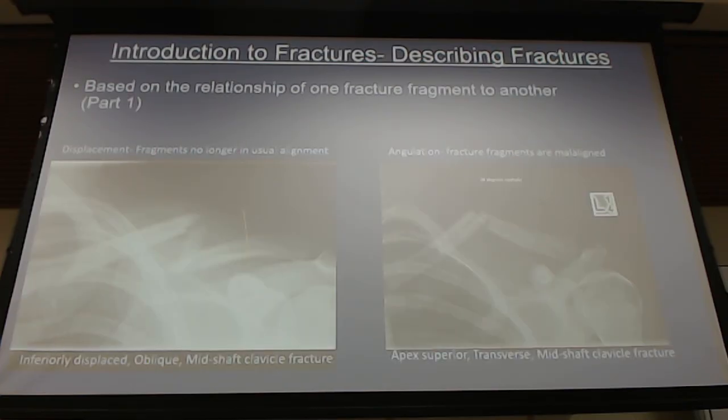In the case of this clavicle fracture in the left diagram, you see that degree of displacement? You also see that the proximal fragment is oriented superiorly as well, right? And your distal fragment is oriented inferiorly.